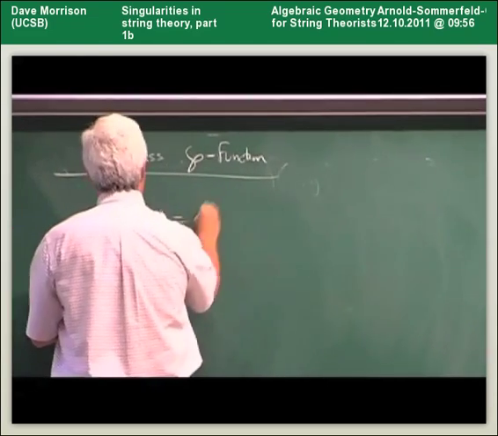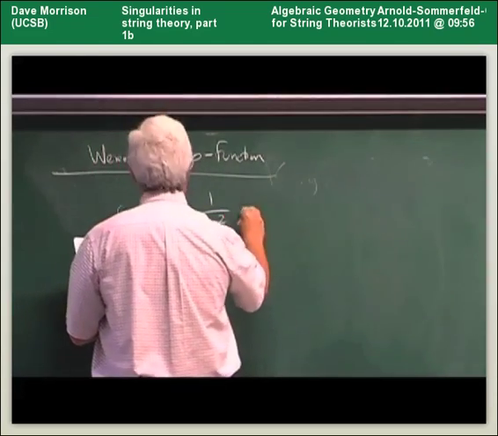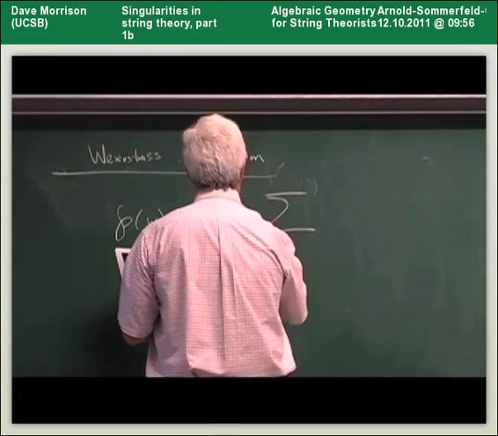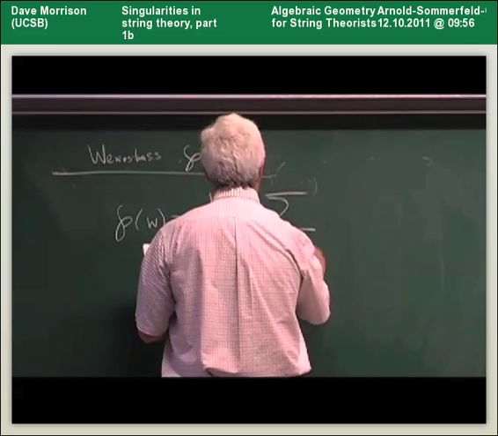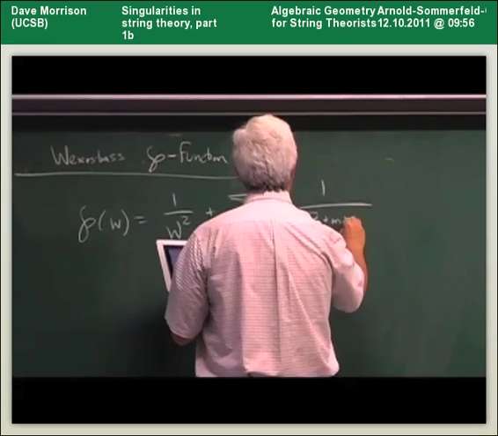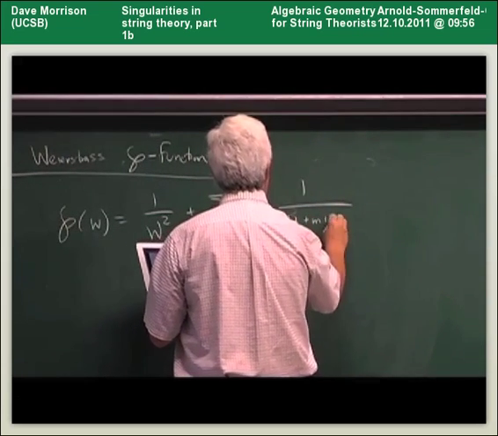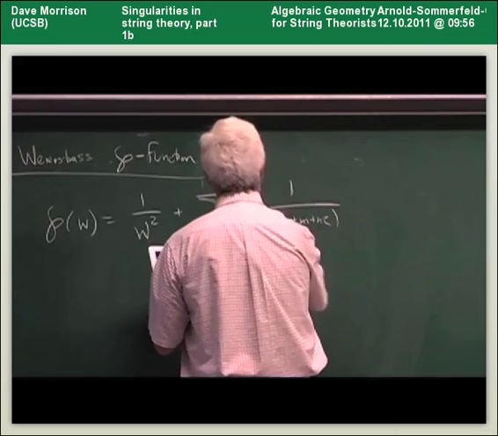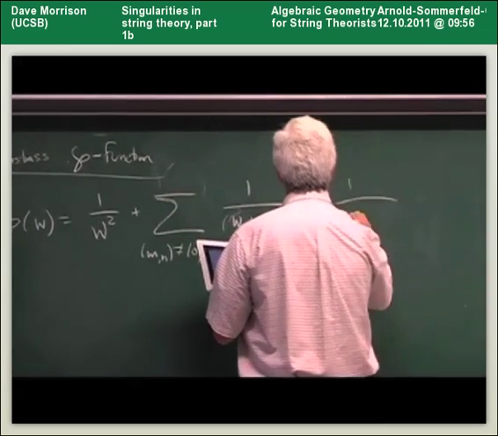So it'll be ρ(w) = 1/w² plus the sum over (m,n) not equal to (0,0) of 1/(w+m+nτ)² minus 1/(m+nτ)².